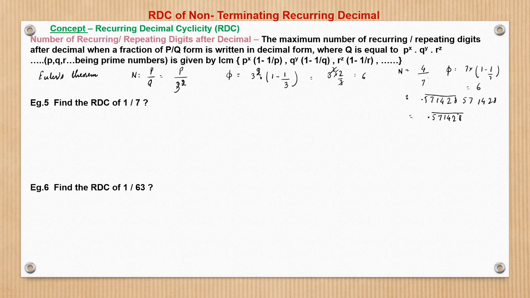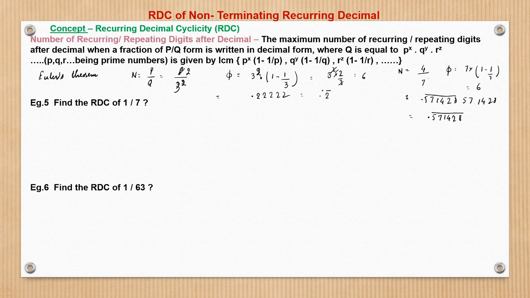So this is the maximum. In the case where the numerator is 2, take 2 by 9. 2 by 9 gives us 0.2222 and so on. So here it is 0.2 bar, right?